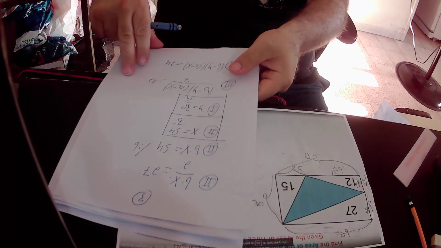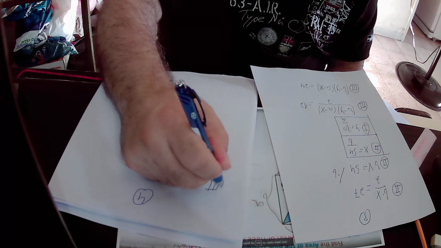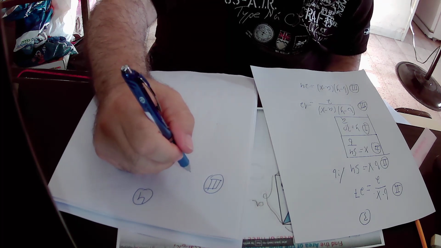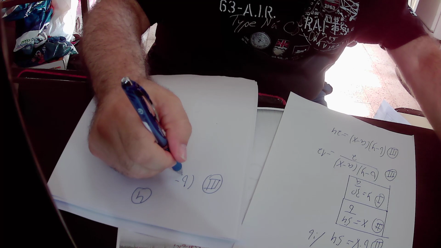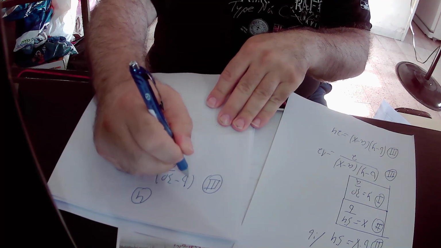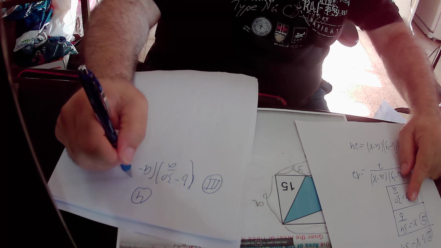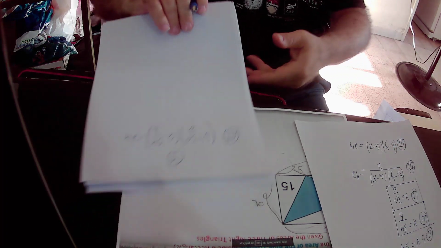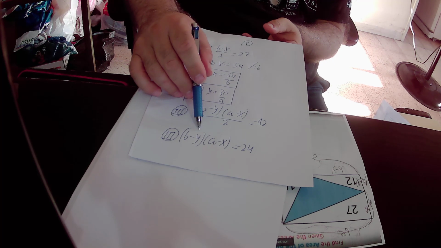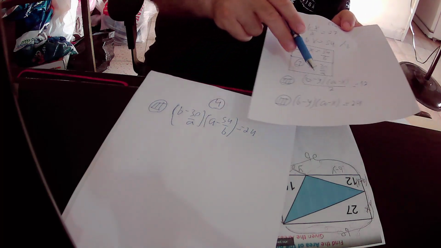So we will get b minus y, that equals 30 over a, times a minus x, that equals 54 over b, equals 24.